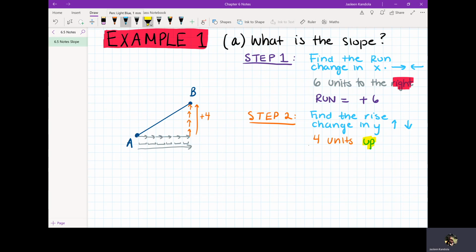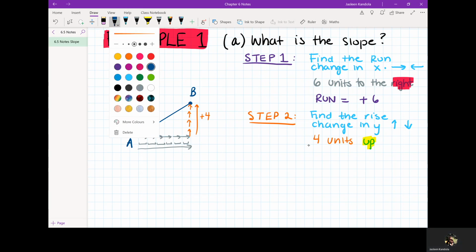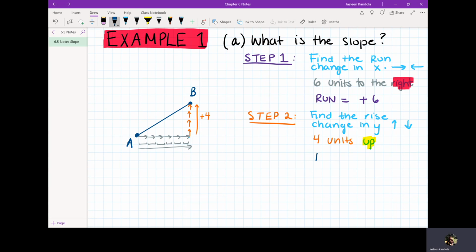So this means rise equals positive 4. If I was going down, that would have meant negative. Step 3.